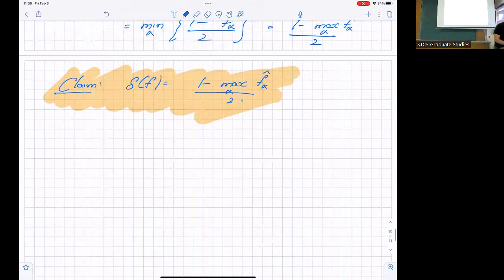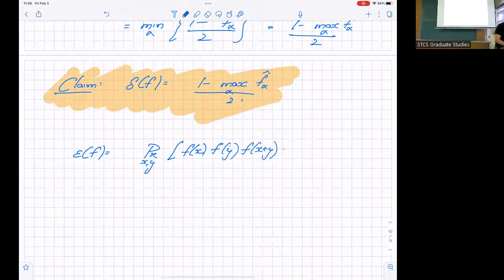So what is epsilon f? Epsilon f is the probability over x, y that f of x times f of y times f of x plus y is not equal to 1.